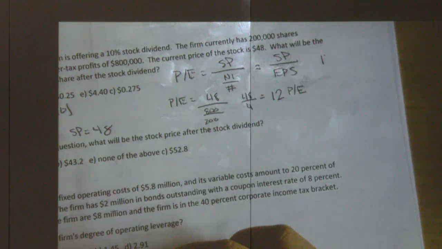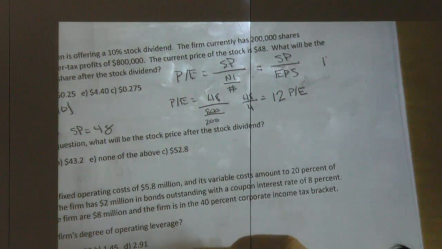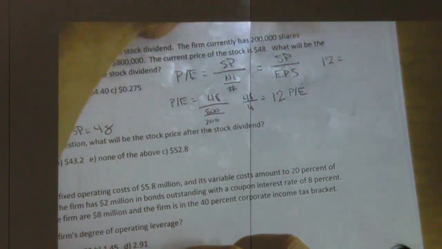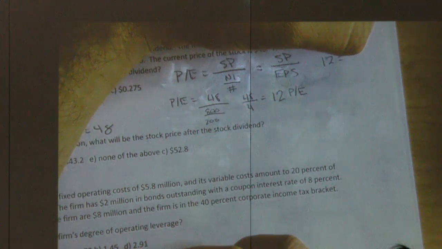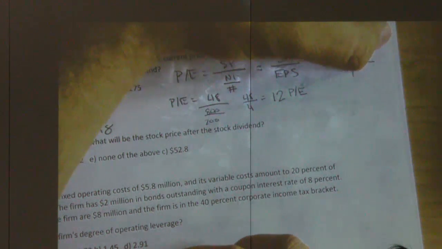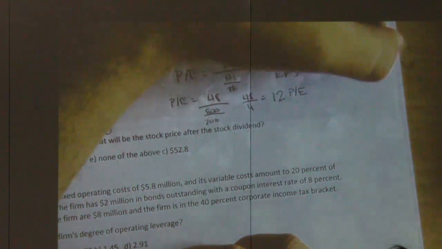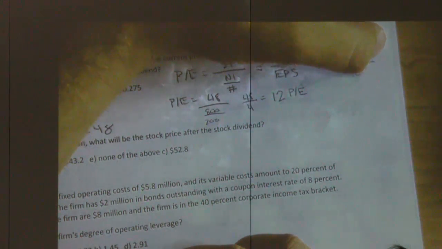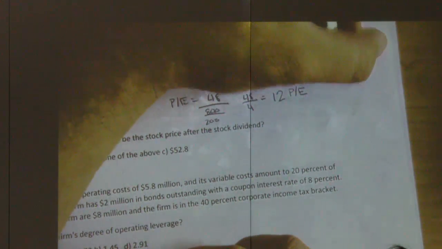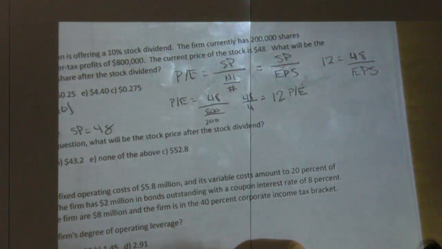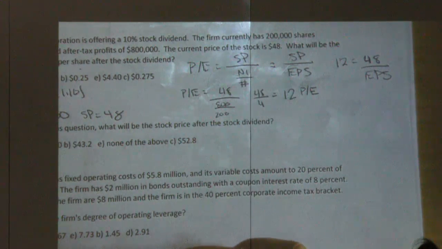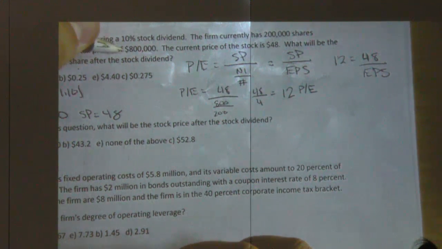What will be the earnings per share after the stock dividend? Okay, so here, since we have earnings per share after stock dividend, I actually went a little too far.